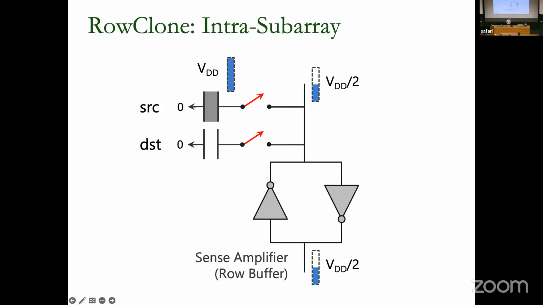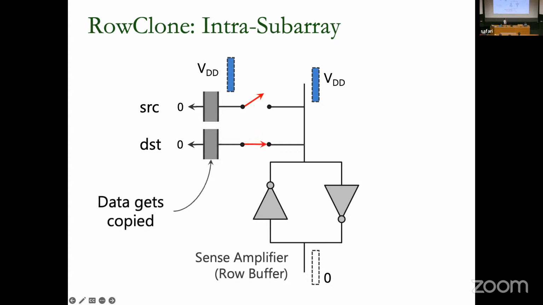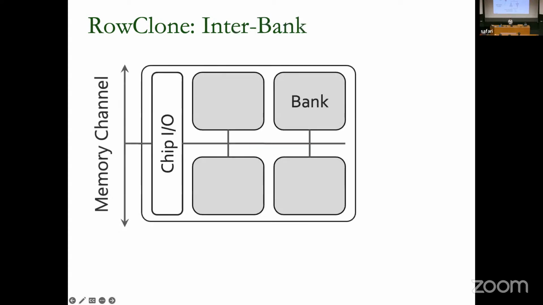The primary way this operates is by the fact that the sense amplifier is quite strong and can pull the voltage latched from a previously activated row into another destination row that is accessed by the second activation request, allowing you to copy the data inside this DRAM subarray.